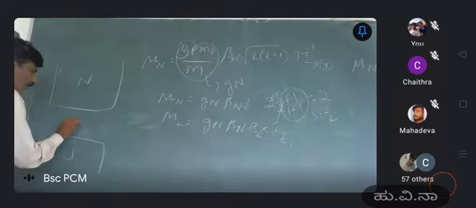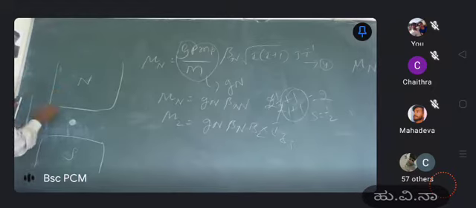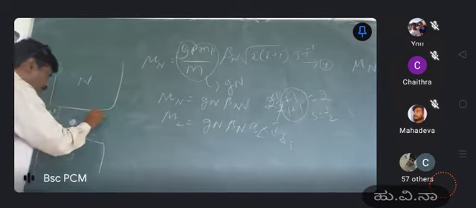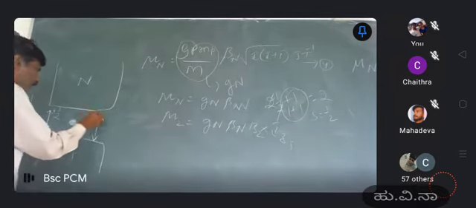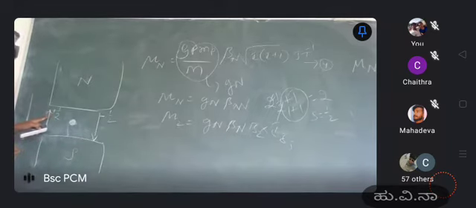Suppose the spin of this nucleus is like this, I am going to call it plus half. Suppose the spin of this nucleus is like this, I am going to call it minus half. This one is against the applied magnetic field direction.